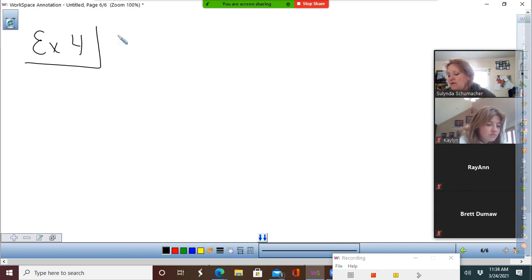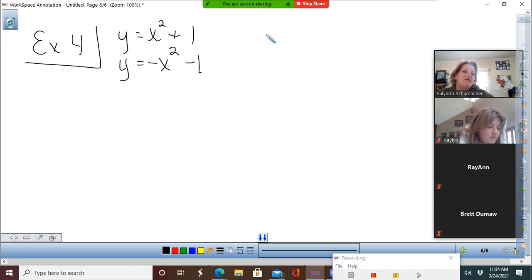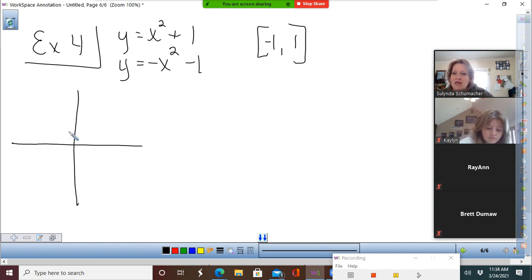So let's say we have y equals x squared plus 1, and we have y equals negative x squared minus 1, but they want you to find the area from negative 1 to 1. So they have actually drawn you a picture. Right, I have one parabola that opens up, which is right here. This one is a parabola that opens down.